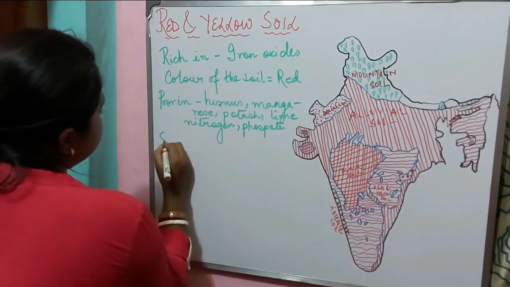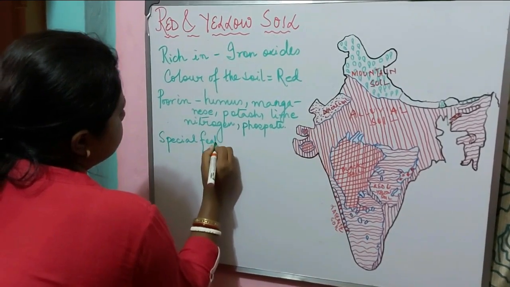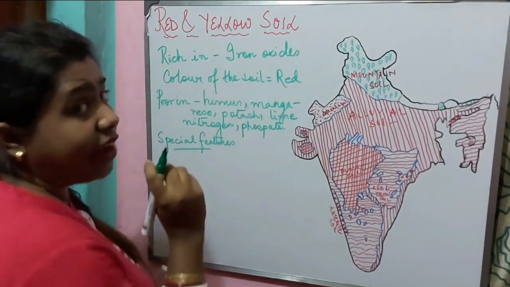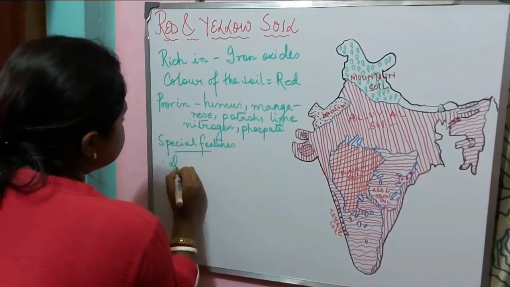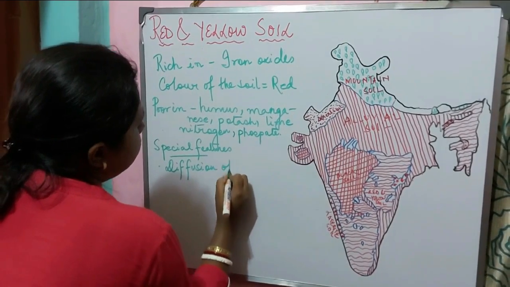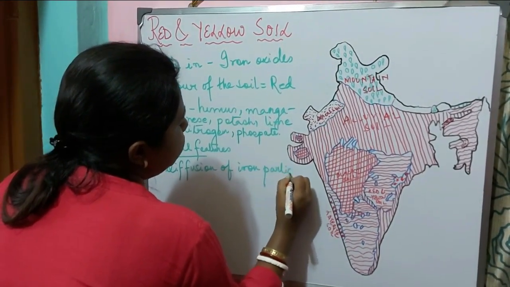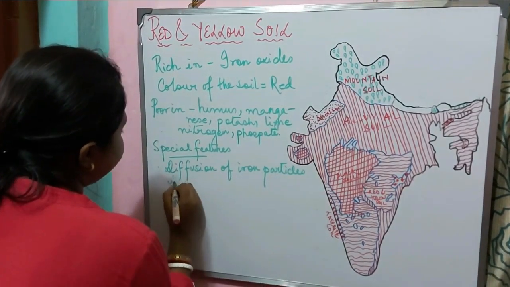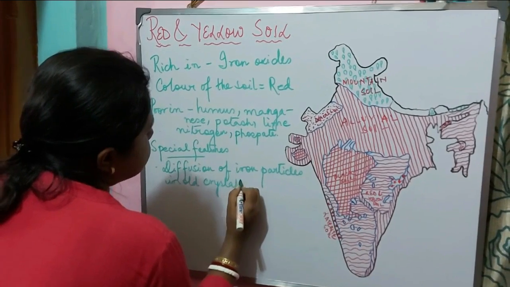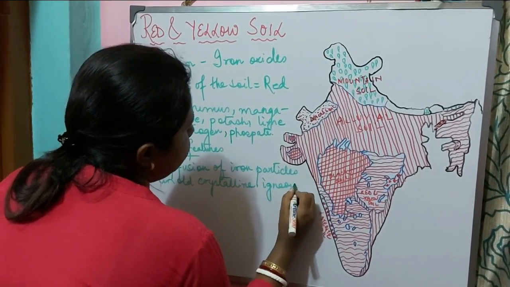Now, what are the special features? What is the reason for the red color? Because of diffusion of iron particles. So due to the diffusion of iron particles in old crystalline, igneous and metamorphic rocks, the soil gets a red color.